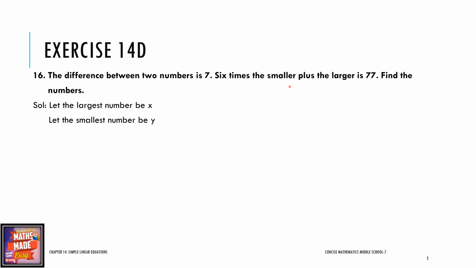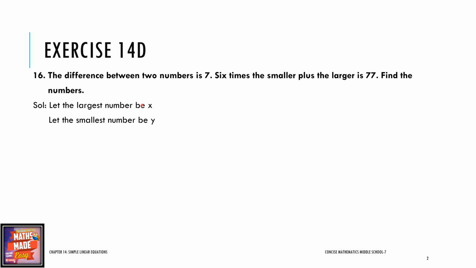What they are saying is 6 times the smaller number. Among these two, which is the smaller number that we are assuming? This one, so 6y, plus the larger.